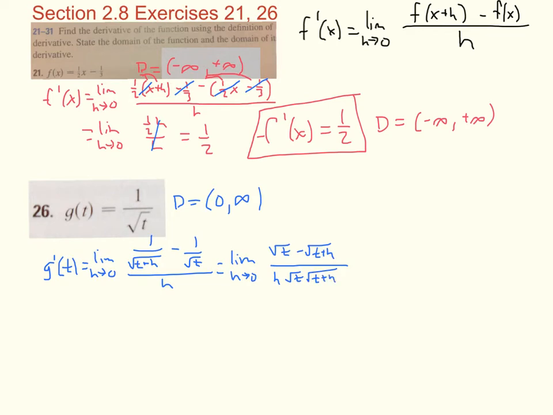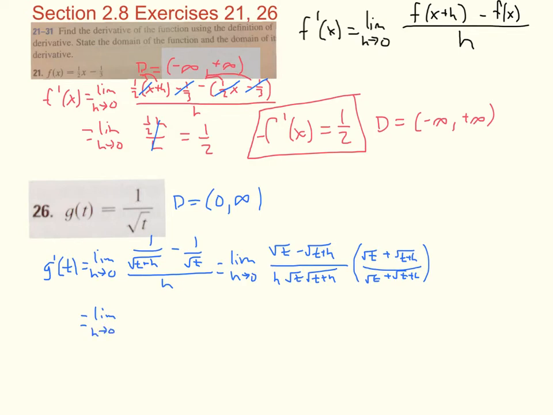So if we look at taking this limit, again we're going to get 0 on the top and 0 on the bottom, which is a problem, so we have to rationalize the numerator. And so we're going to multiply on the top and bottom by the square root of t plus the square root of t plus h. On the bottom, the square root of t plus the square root of t plus h. And what that's going to give us is the limit as h approaches 0.